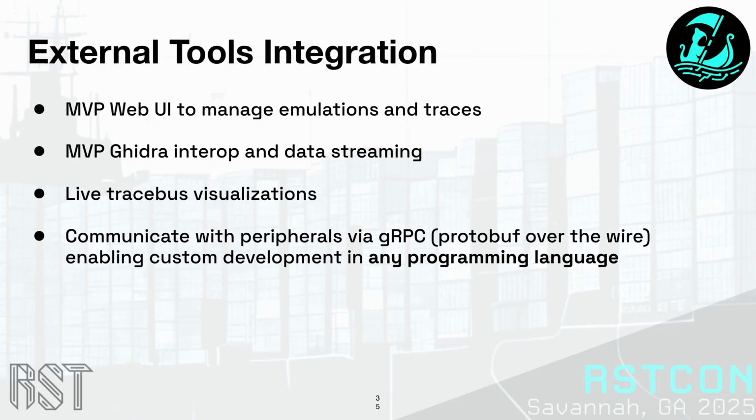Now, combining all these peripheral designs and all these cool interfaces and all this tracing lets us do some fun stuff. We have in the code base already, under our extensions subfolder, an MVP Ghidra data streaming library. You can add it as an extension to Ghidra.